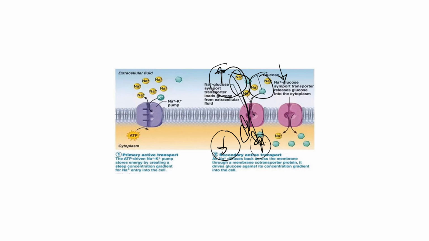Now, if you look closely, what you'll see is that sodium and glucose are both moving in the same direction, right? They're both moving into the cell. Sodium's moving from a high to a low concentration in the cell, and glucose is moving from a low to a high concentration inside of the cell. But they're still both moving in the same direction. So what this will be referred to as is symport. Okay, this is still secondary active transport, but it's called symport if the molecules or ions move in the same direction. So now you've seen it.